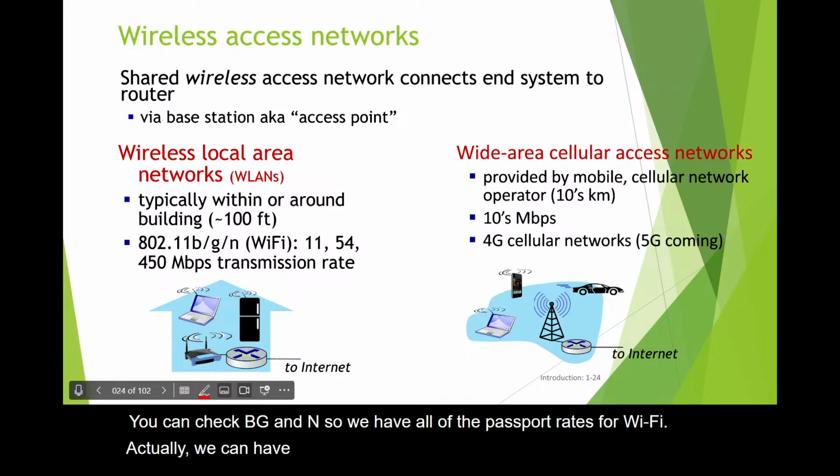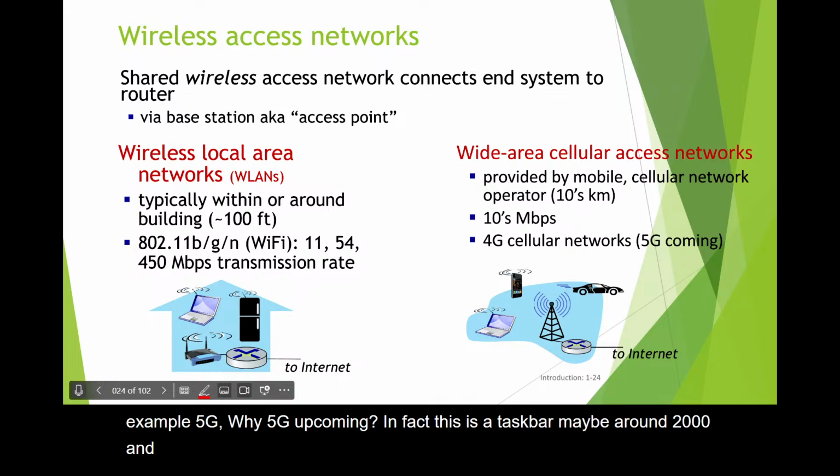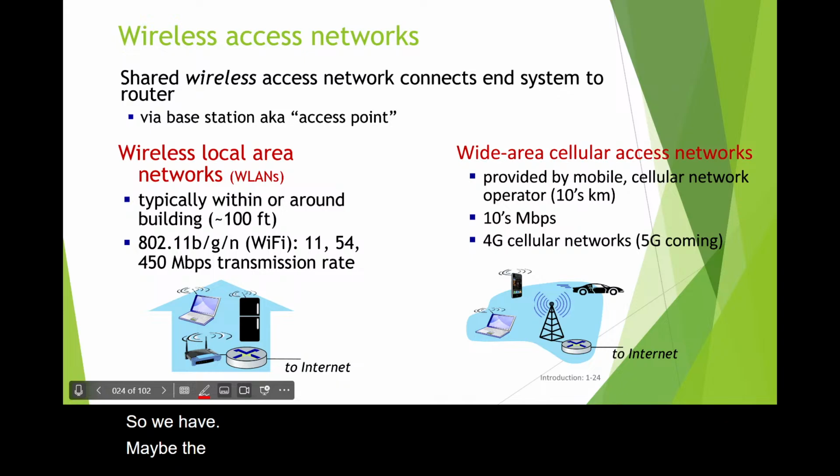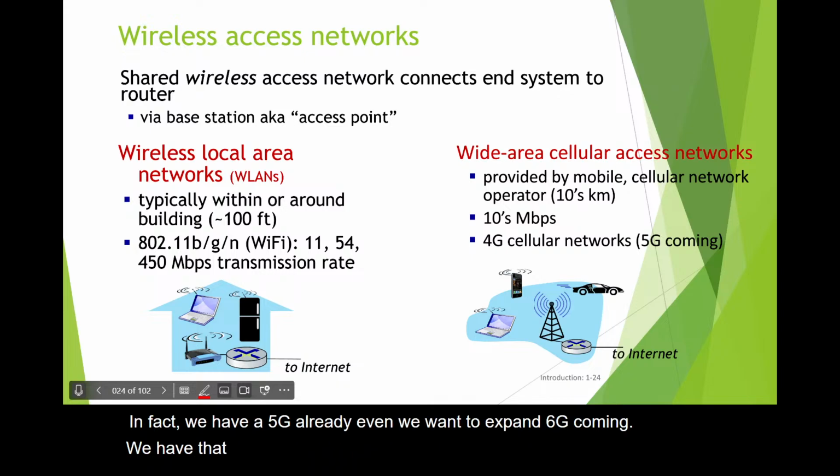And how about cellular here? Cellular network, for example, 5G. Why is 5G coming? This is maybe around 2020. In fact, we have 5G already, and we even expect 6G coming. But cellular network and Wi-Fi, what's the difference?